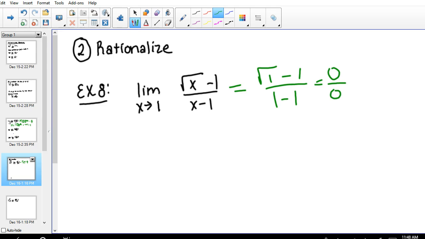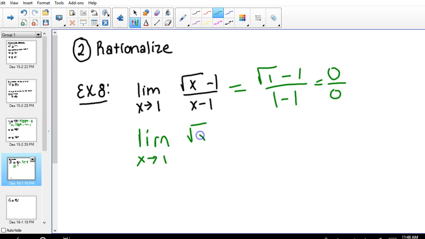So, this one is probably something you have not really seen done before, the way that you solve this. You guys have factored and canceled things a lot before, maybe not in terms of limits, but factoring and canceling should be fairly familiar. So for this one, we're going to have to do something kind of strange that you probably have not done before.